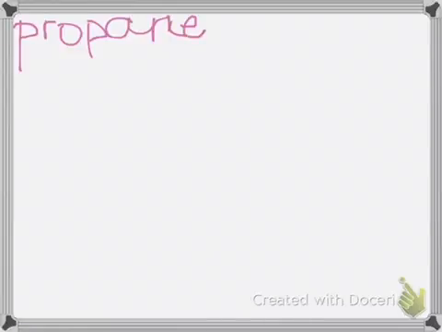So now let's talk about propane. Prop indicates 3, and ane, as I told you, indicates the alkane family.